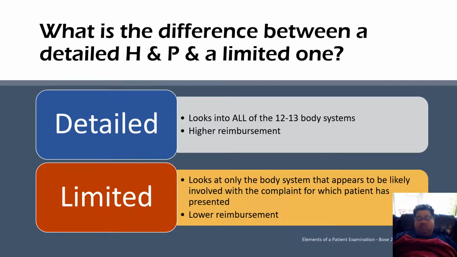So what's the difference between a detailed history and physical, and a limited one? As I just explained, the detailed one would be covering each individual body system or organ system, which is about 12 or 13 organ systems, and it is required for patients presenting in certain areas, for example, the hospital emergency department, and in other areas like the intensive care units, because this allows for the complete reimbursement that is tied to the diagnosis that the patient eventually is assigned to.